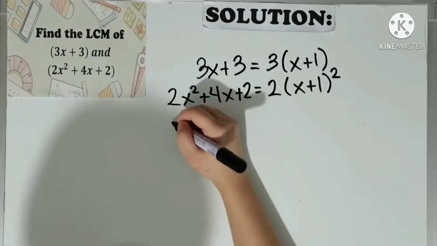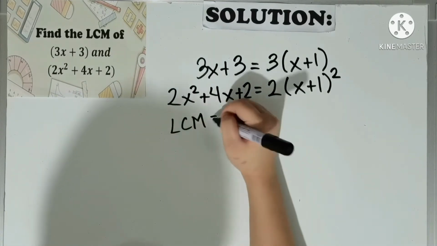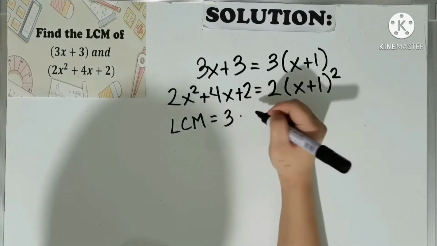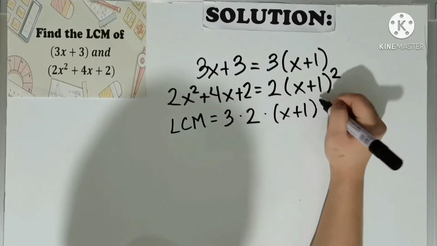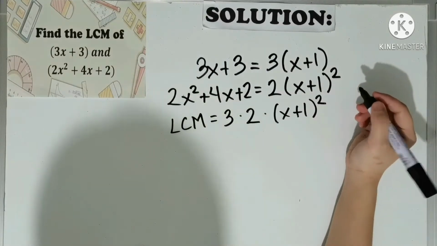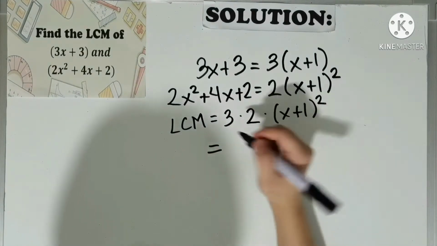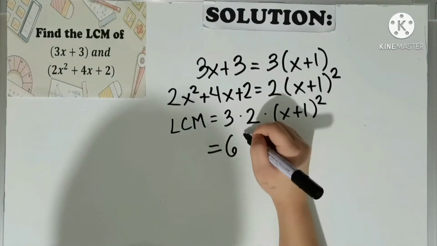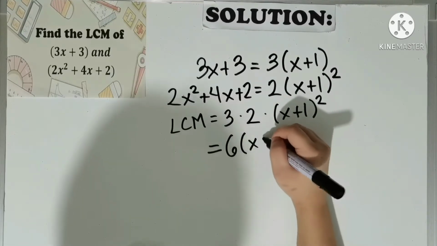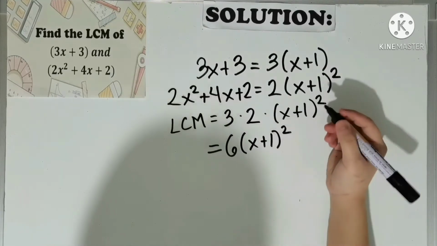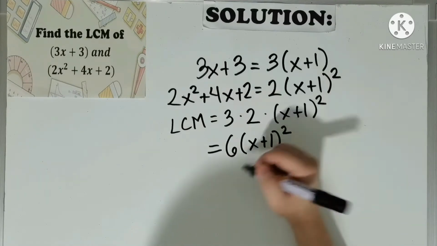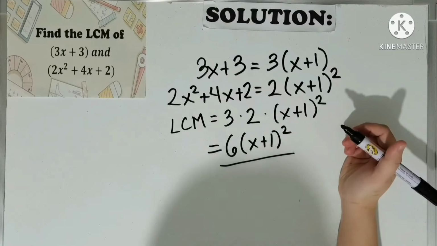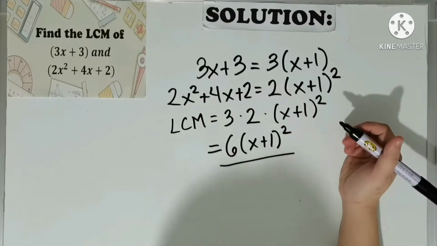And as you can see, our LCM is 3 times 2 times the quantity x plus 1 squared. And our LCM is 6 multiplied by the quantity x plus 1 squared. The LCM of 3x plus 3 and 2x squared plus 4x plus 2 is 6 multiplied by the quantity x plus 1 squared.